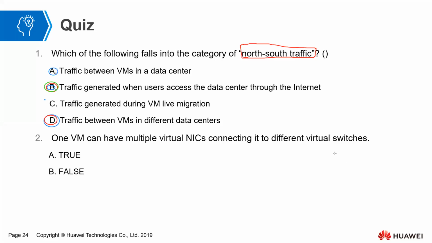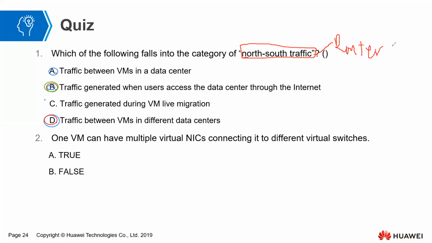So let us try and use the elimination method, and we see if we shall arrive at the answers we want. We are saying here, which of the following falls into the category of north-south traffic. And we said for traffic to be qualified as north-south traffic, it is any traffic that has to traverse through a router. Okay?